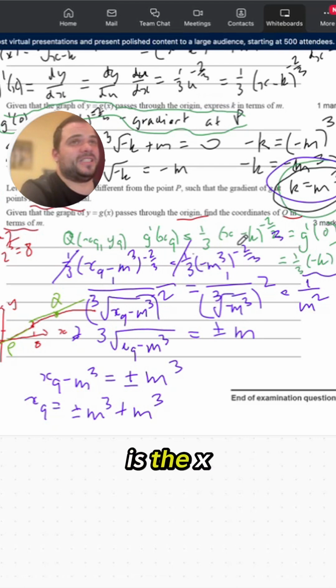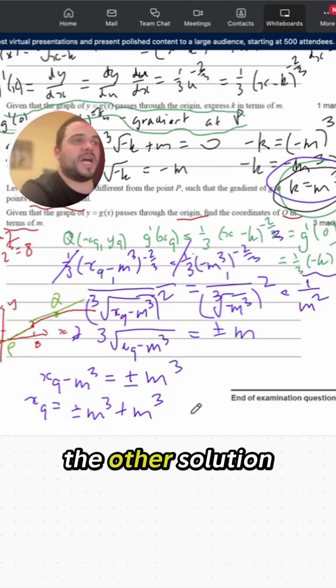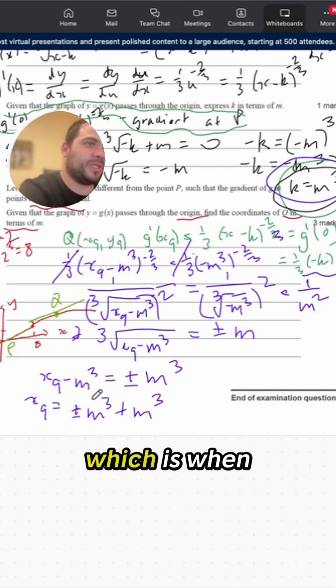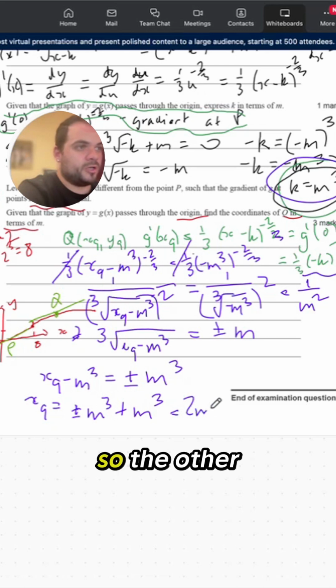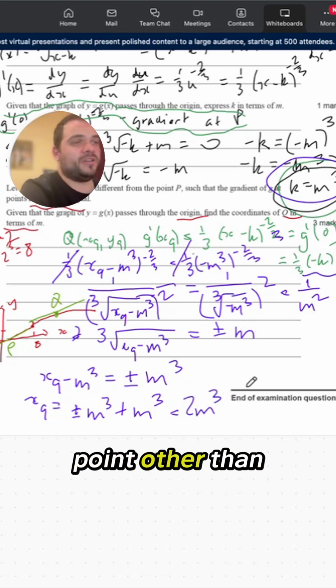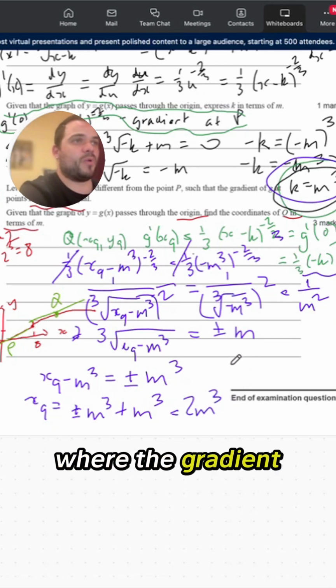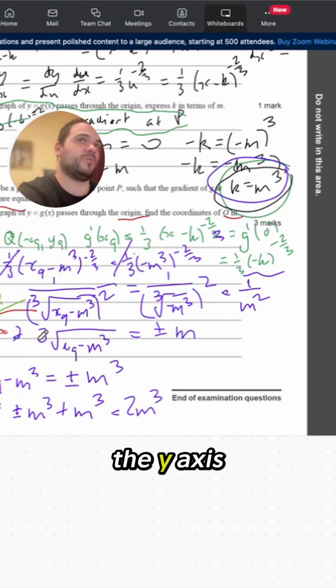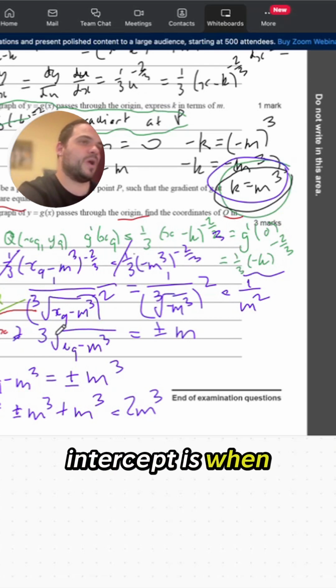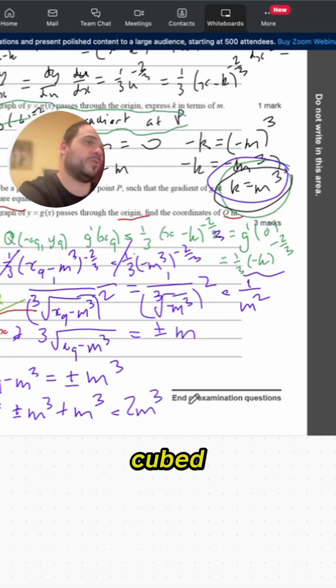That actually is the x-coordinate of P, but Q is a different point from P, so we want the other solution to this equation, which is when we get positive m cubed plus m cubed, which is 2m cubed. So the other point, other than x equals 0, where the gradient of g is the same as the gradient at P, the y-axis intercept, is when x is equal to 2m cubed.